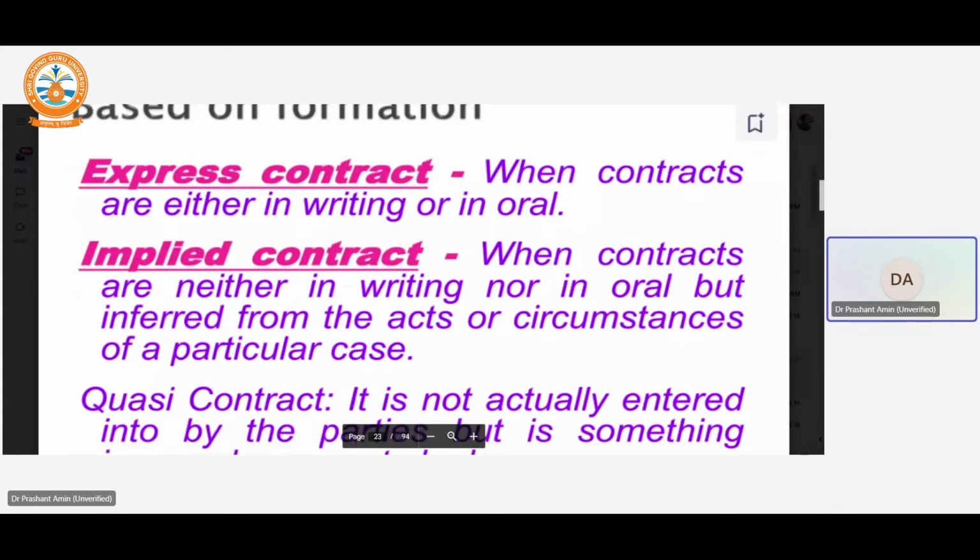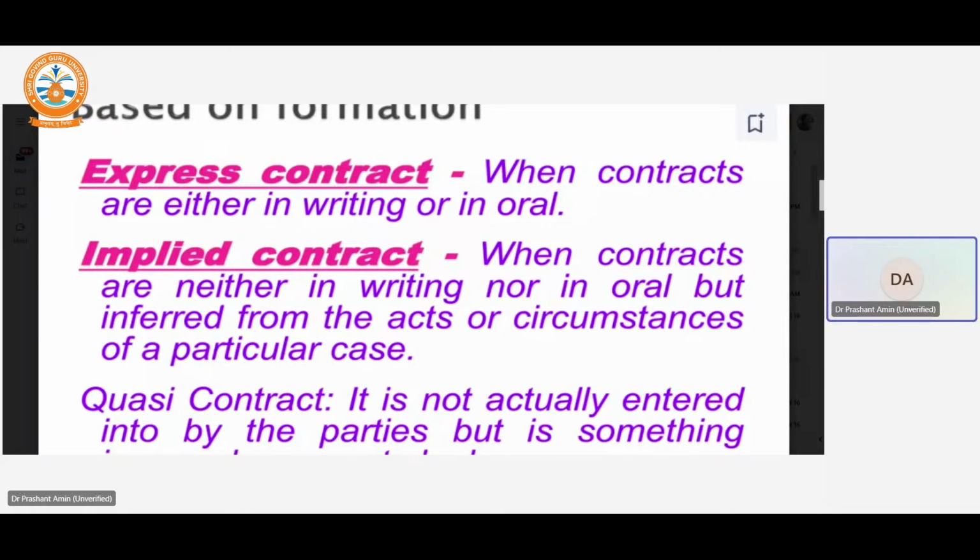Based on the formation, express contract means it is in the written form or in the oral form. If it is in the oral form, then you have to prove that this particular contractual obligation has been consented to by both parties.